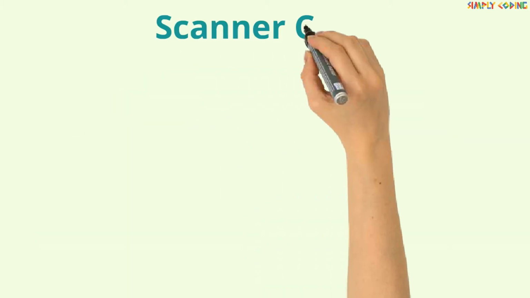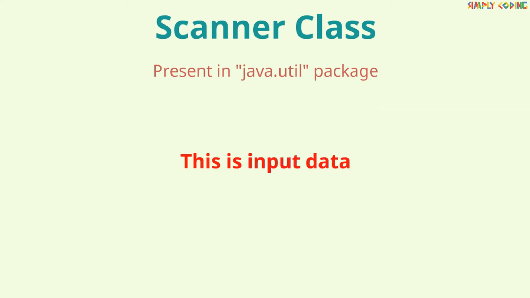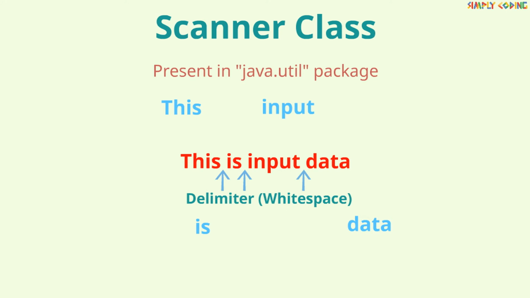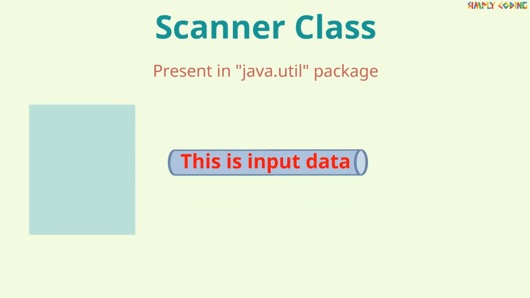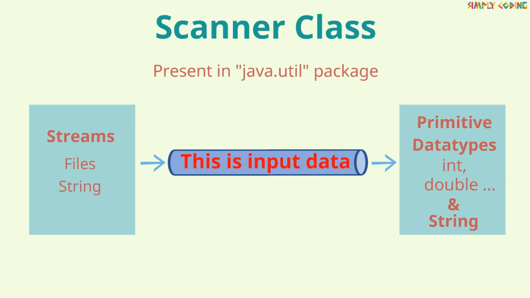Java also has the Scanner class in the java.util package, which is used to break inputs into tokens using a delimiter, which is white space by default. It can be combined with streams, files, and strings as source to read primitive types such as int, double, and strings.